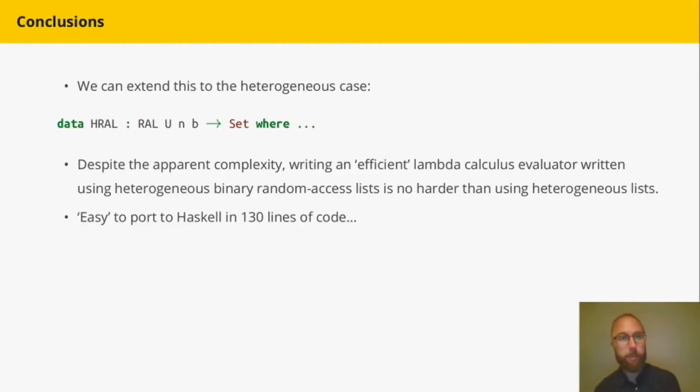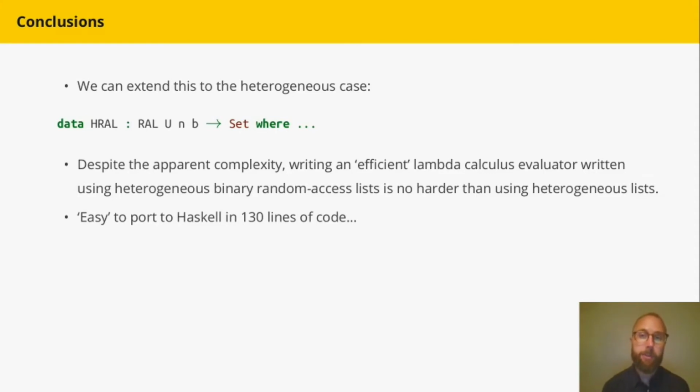To wrap up, we can extend this to the heterogeneous case by writing a heterogeneous binary random access list indexed by a random access list which stores some type information for some universe U. Despite the apparent complexity, there's an example in the paper where I write an efficient lambda calculus evaluator using heterogeneous binary random access lists.